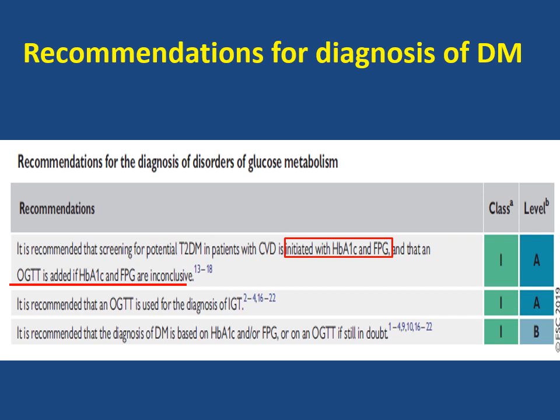So we should ask for hemoglobin A1C and fasting blood glucose as an initial screening for patients with suspected diabetes mellitus. Then, if the results are inconclusive, we can ask for oral glucose tolerance test.